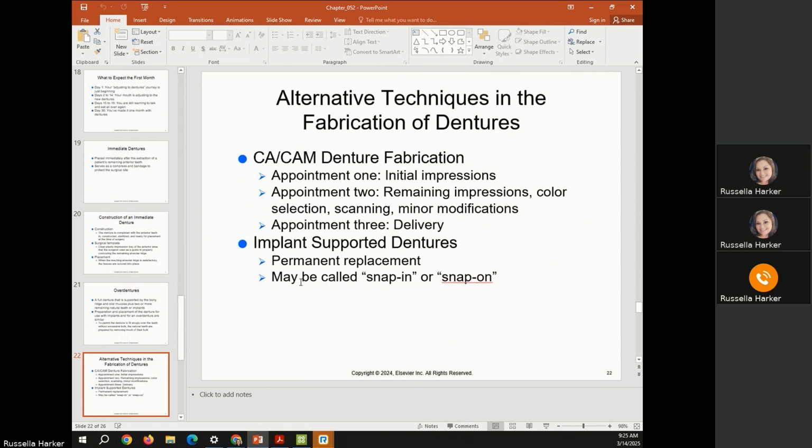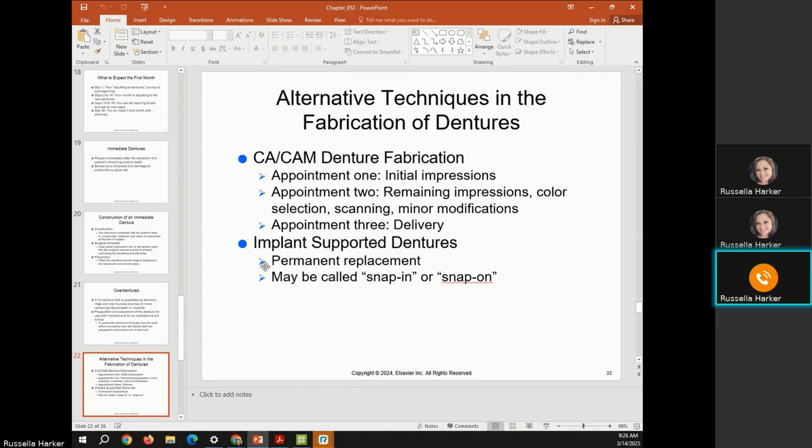So alternative techniques in the fabrication of dentures: there are CAD/CAM machines for denture fabrication that you can do at the first appointment with initial impressions, and then at the second appointment, the remaining impressions, the color selection, scanning, minor modifications, and then you can deliver the dentures at the third appointment.